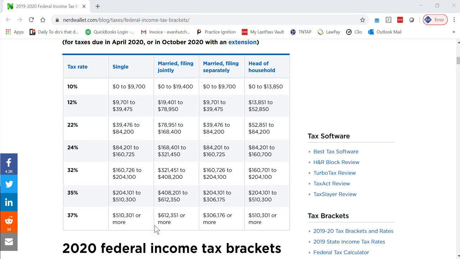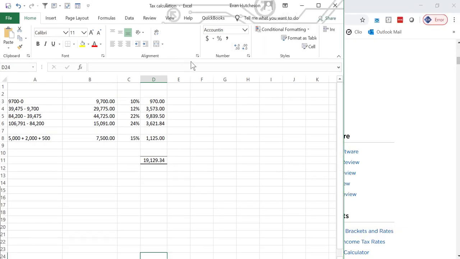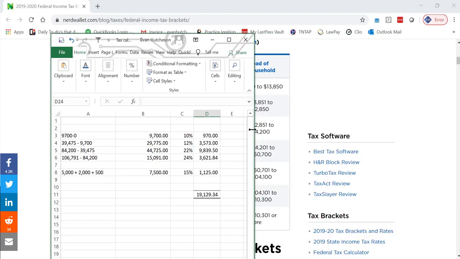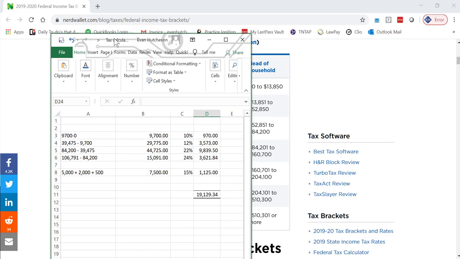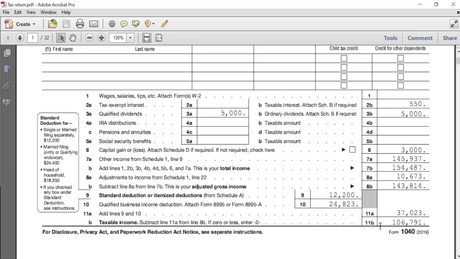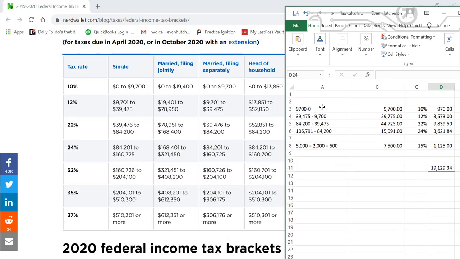So here's my little tax calculation spreadsheet. If we look at his taxable income, it is 106,791. So it's obviously above 9,700, it's above 39, it's above 84. So we're going to do these easy calculations first. 9,700 minus 0 is the full 9,700.